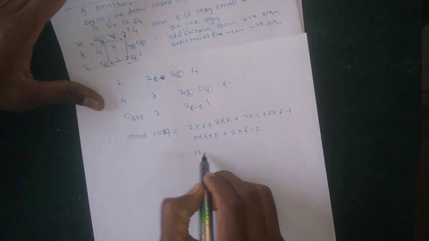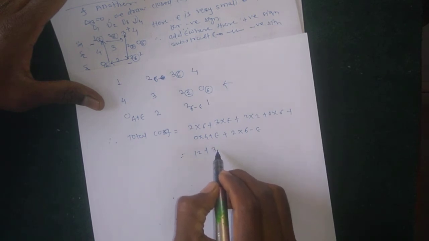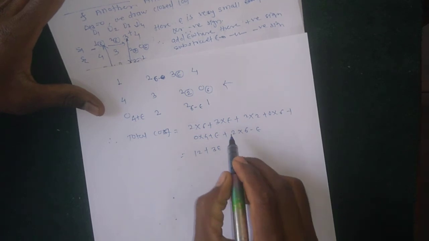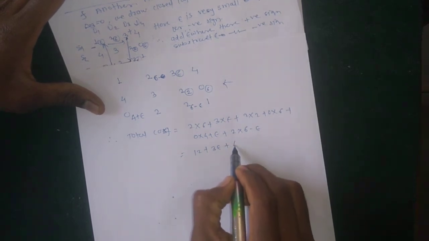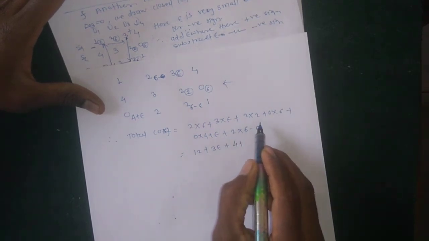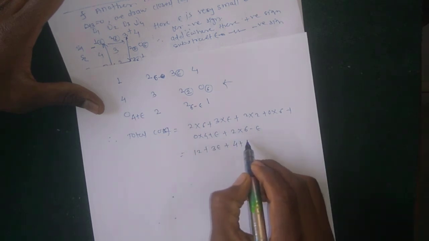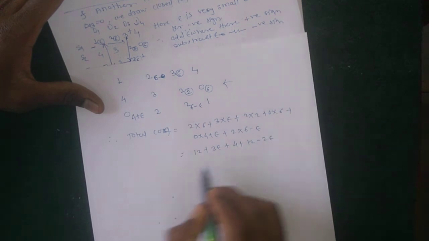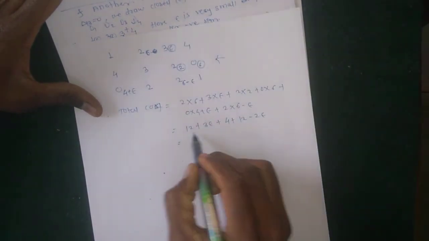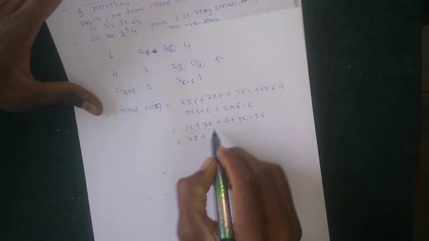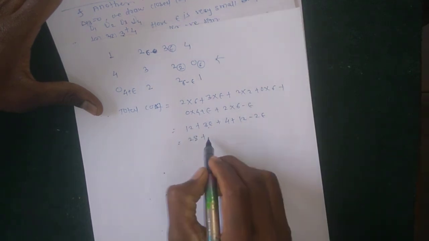So the value is 12 plus 3 epsilon plus 4, then 12 minus 2 epsilon, so 24 plus 4 is 28, and 3 epsilon minus 2 epsilon is epsilon.